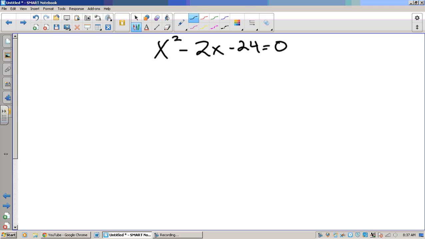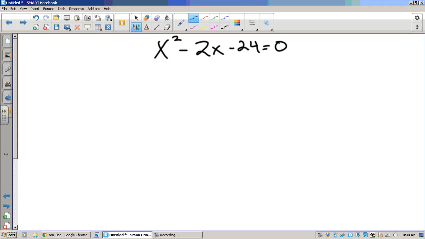How could we factor this? What should we do? Use that thing where it's like x minus 4 and x minus 6. So what are we multiplying to and adding to here? Lucas, what are we multiplying to? -24. What are we adding to, Olivia? -2.